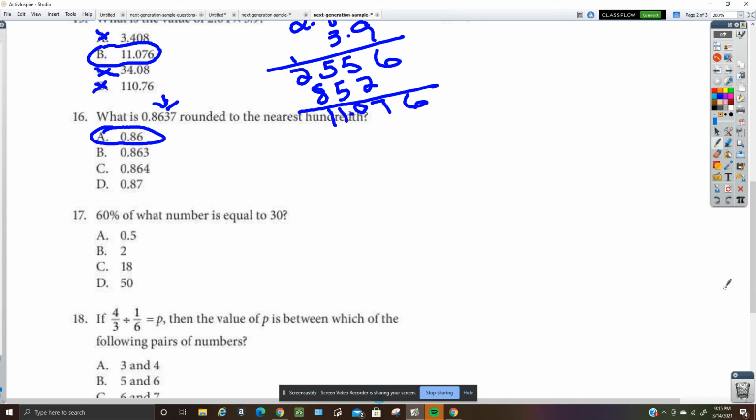60% of what number is equal to 30? So all these are wrong because these numbers are less than 30. This is the right answer.